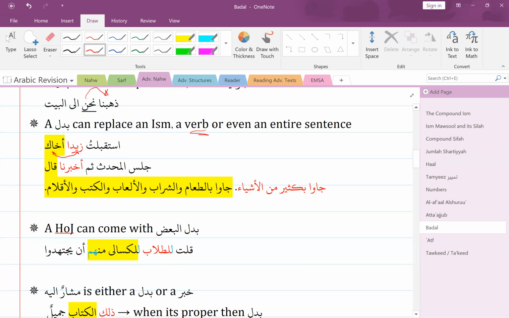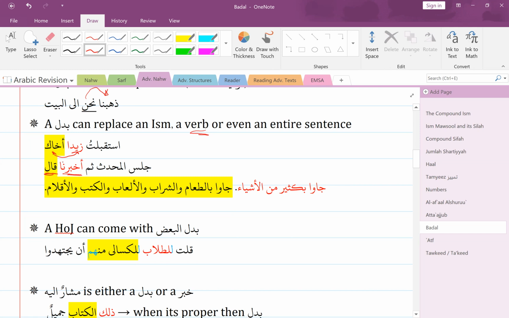He told us and he said is basically the same thing, isn't it? Like when we're narrating a story and we say, okay, so he sat down and he started telling us, he said. So you can see I'm replacing two verbs. He told us, he said. Those are two verbs, and you can see the connection there, and that becomes badal. So qala will be the badal of akhbarna. Okay.